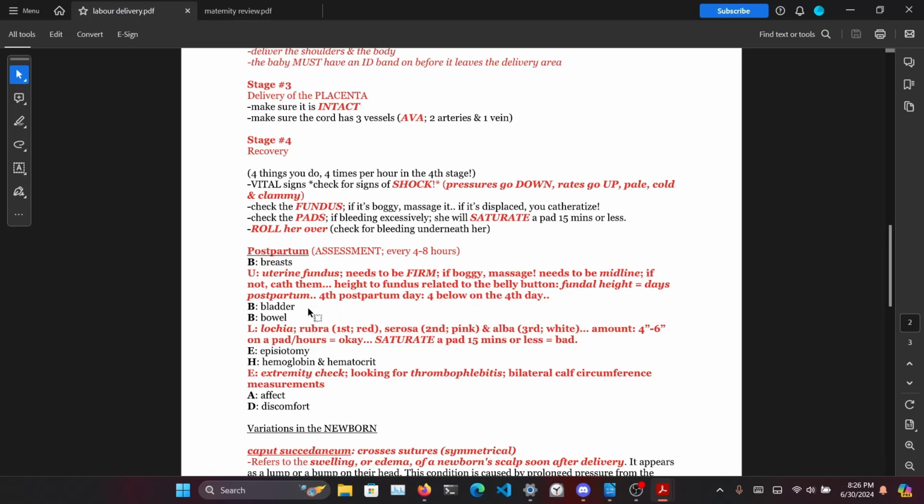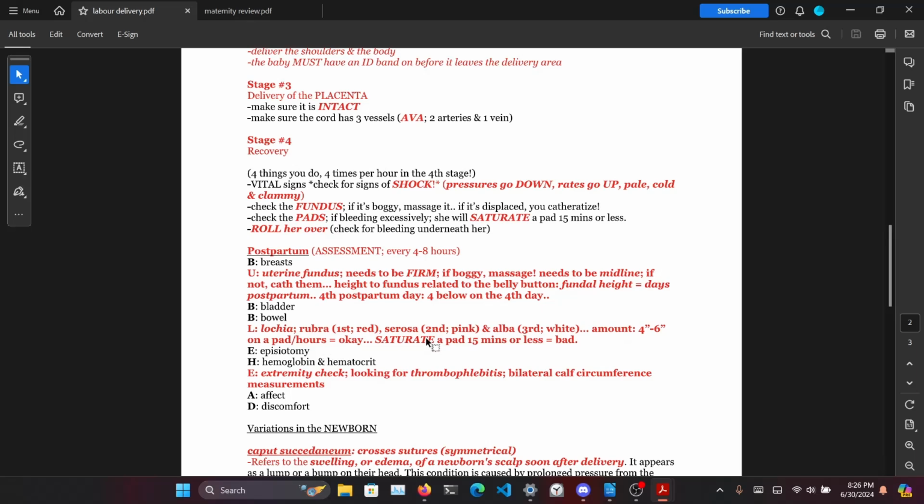Then bladder, for urination, bowel, and lochia, those are the secretions that come after the delivery. Lochia is divided into 3 different colors: rubra, serosa, and alba. Rubra is first, then serosa is second, that is pink, then alba is third. Usually it lasts up to 15 days.